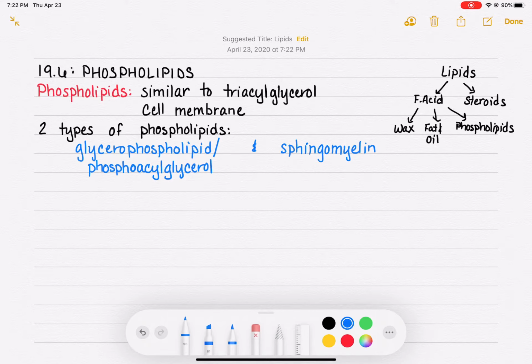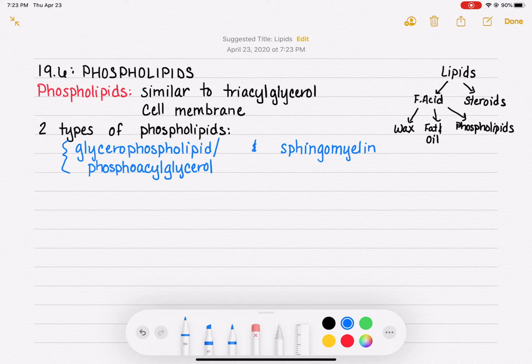So kind of like when we were doing the fats and oil section, fats and oils can be known as triacylglycerols or triacylglycerides, and you could see either one of those names depending on what textbook you're using. Glycerophospholipids and phosphoacylglycerols, these are also two names that refer to the same thing depending on which book you might be looking at.